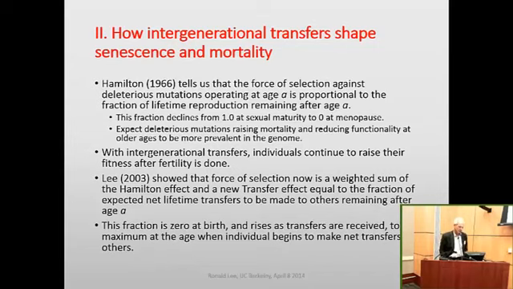Might this evolved practice of making intergenerational transfers shape the evolution of other life history traits, in particular longevity?